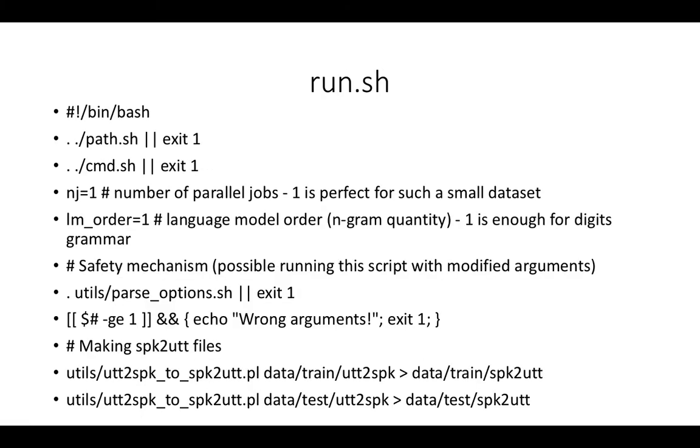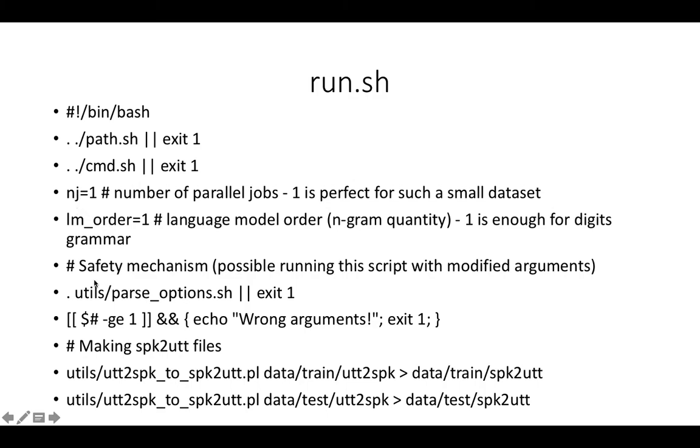Okay. Then comes the run script, which is the main script for running the Kaldi experiments. In the run script, the first three lines are very static. They are used for Kaldi settings, and then comes the number of jobs, which in our case we keep as 1, and the language model order, which we keep as 1, meaning a unigram language model.